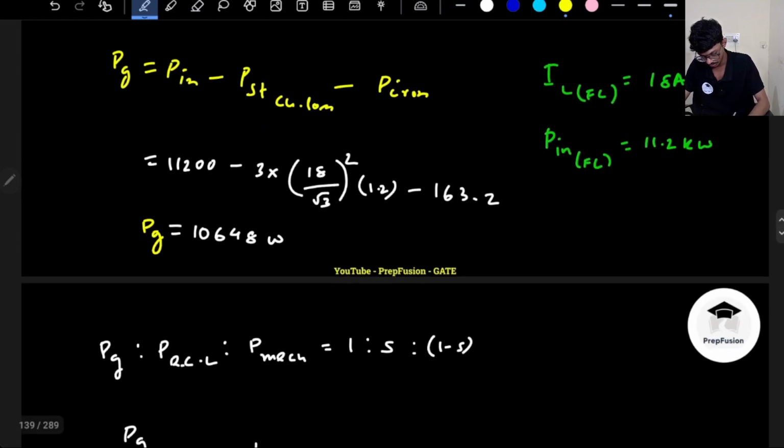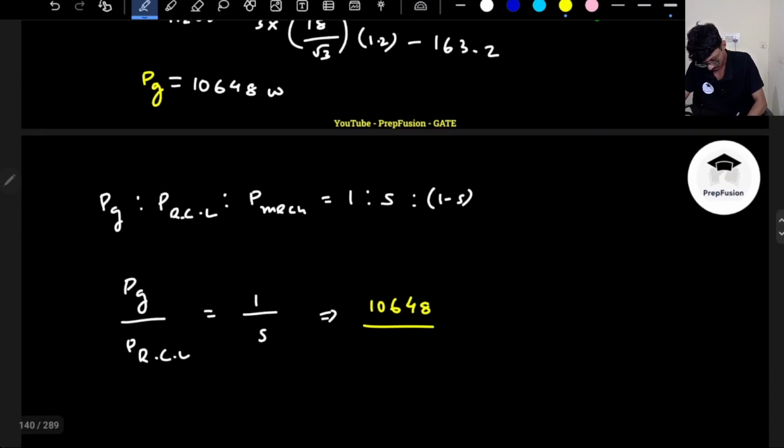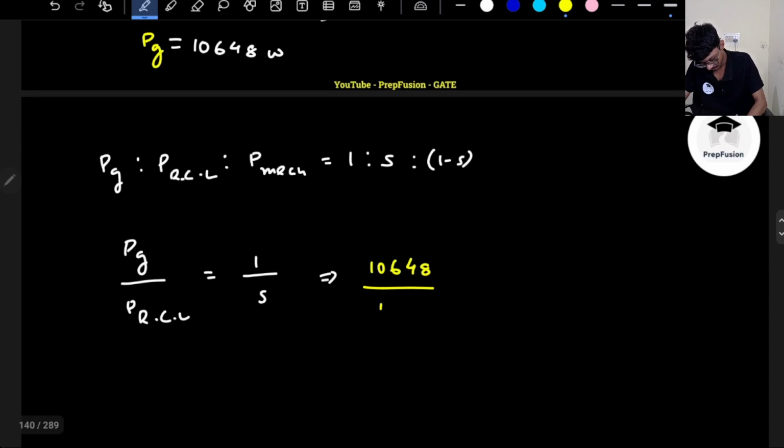So Pg is 10,648 divided by rotor copper loss.